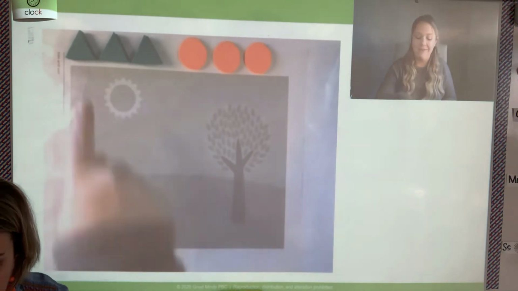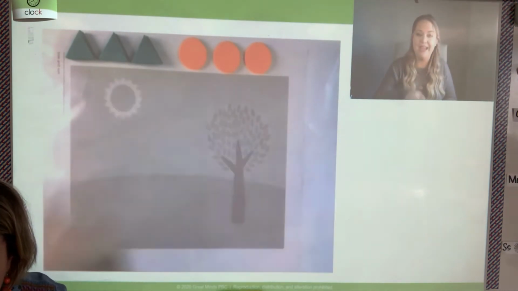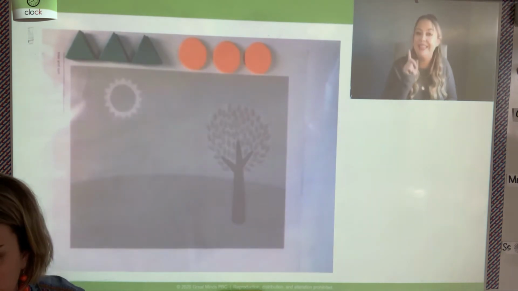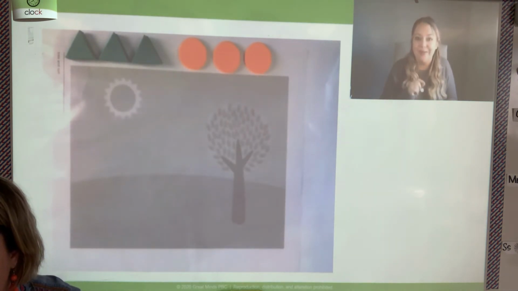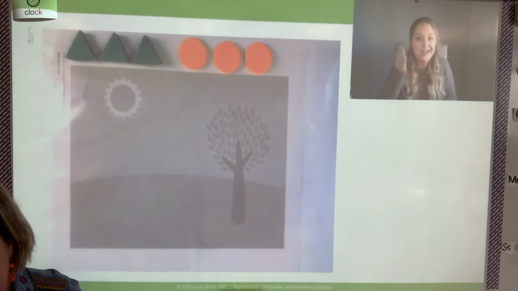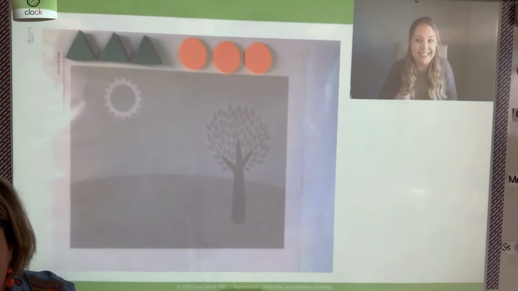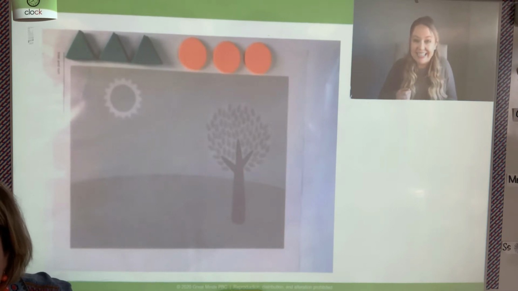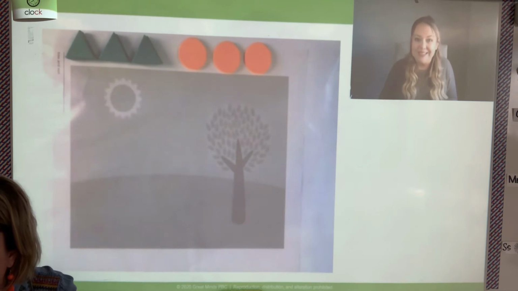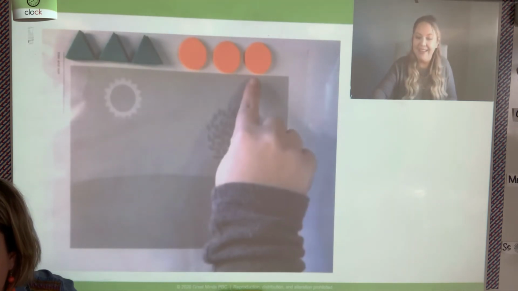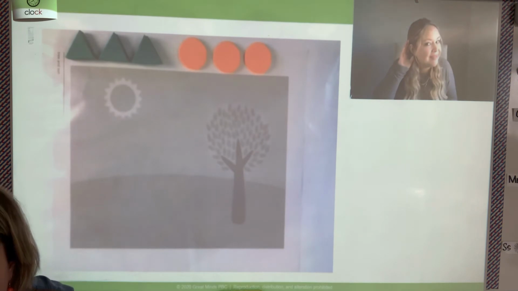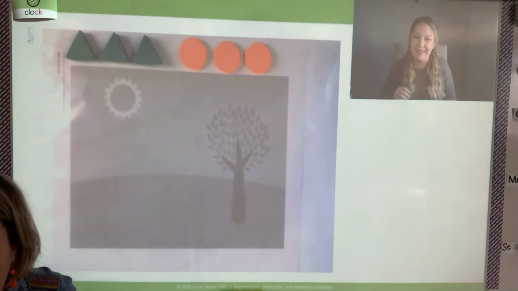Now we still have 3 triangles and 3 circles. But this time we are going to pretend that our shapes are robins. Do you know what a robin is? Yes, it's a bird. So how many robins do we have? 6 robins.